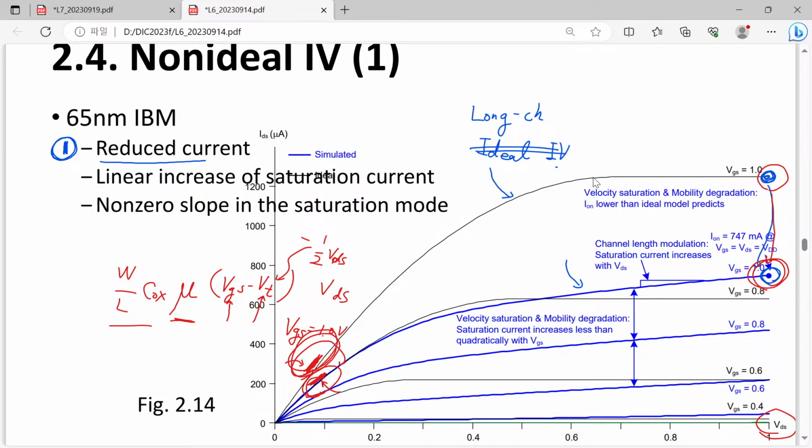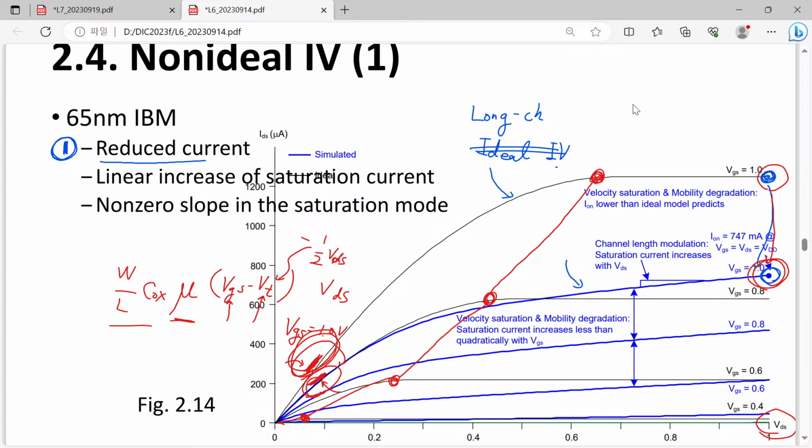Previously, I told you that the transition point of this ideal IV characteristics, if we just connect these transition points, then more or less we will have a parabolic behavior. Okay, so are you with me?